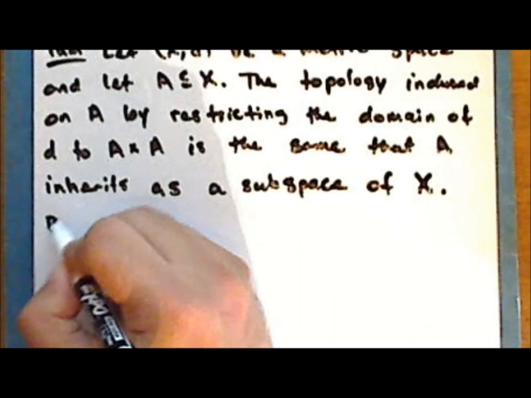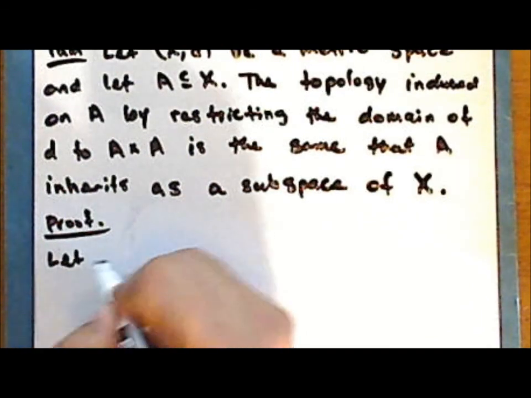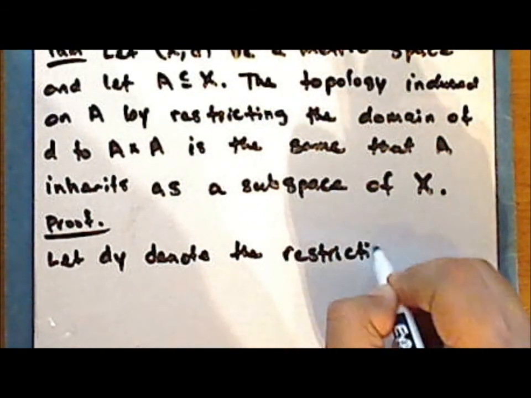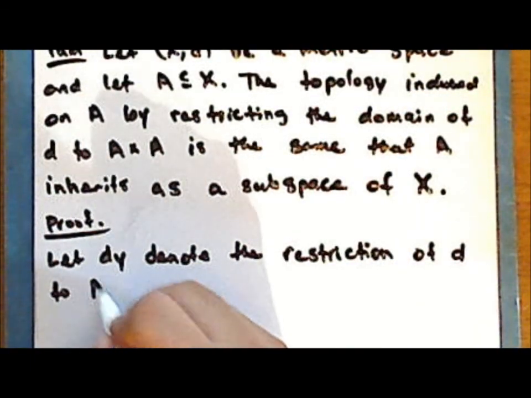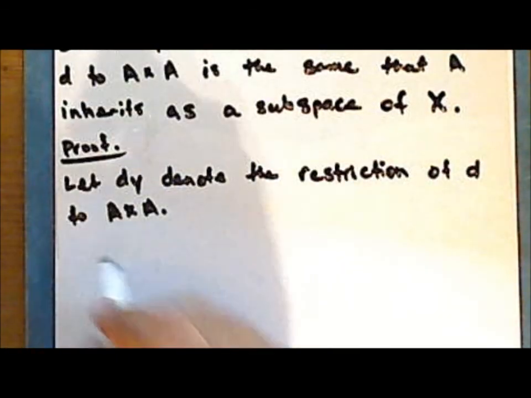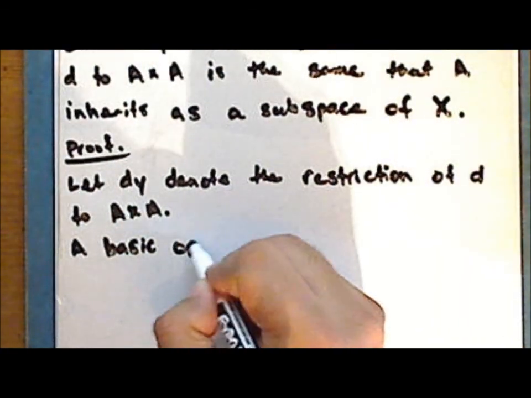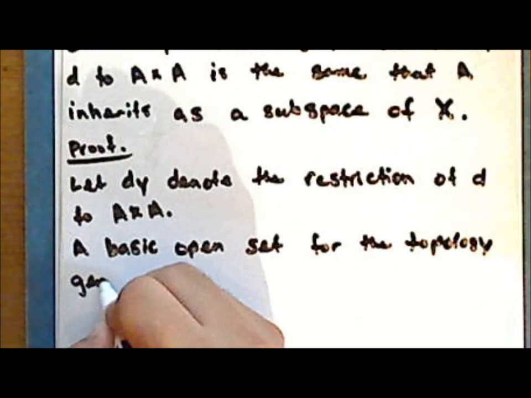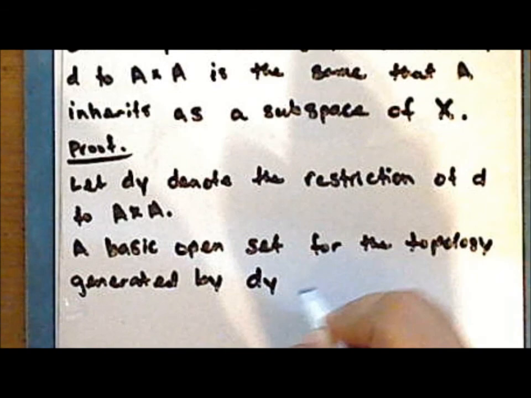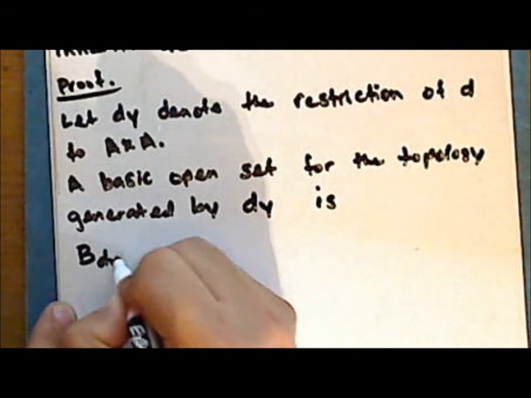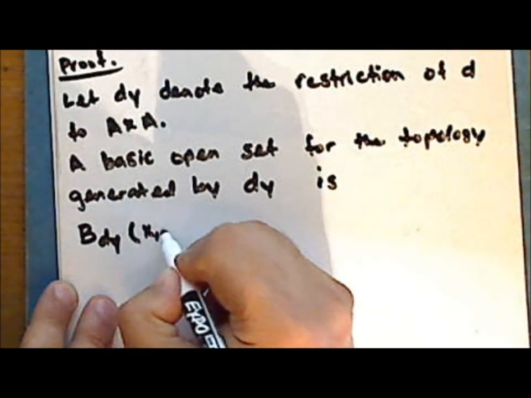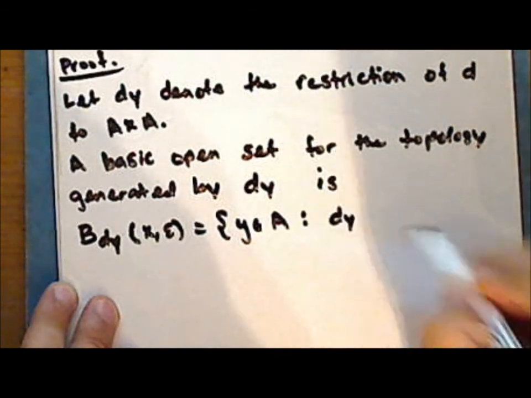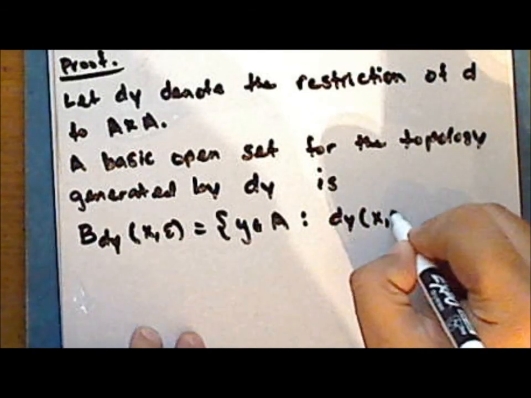All right? So let d sub A denote the restriction of the function d to A cross A. A basic open set for the topology generated by d sub A is an open ball with that metric d sub A. This is the set of all points y in the set A such that the distance under this restricted function from x to y is less than epsilon.